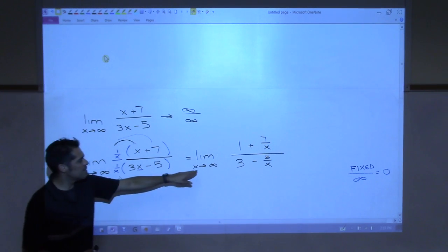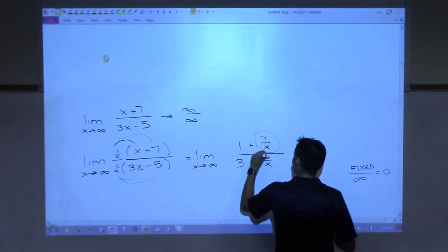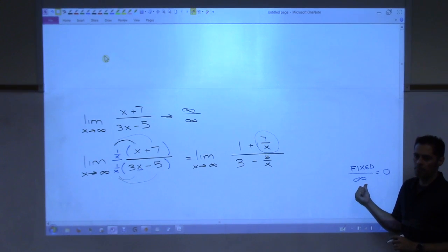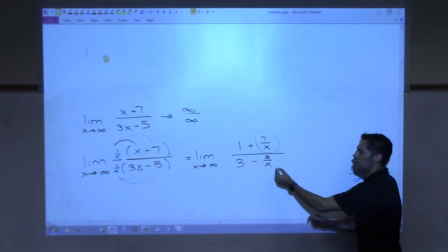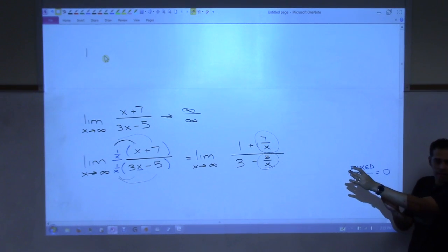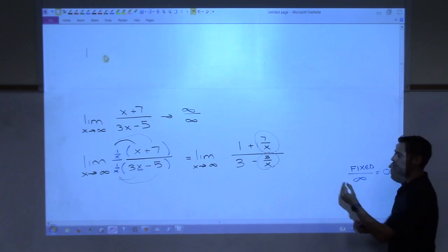If I now let x get really big, this right here is going to go to 0. And this right here is going to go to 0. When I take the limit, when I let x grow now, those are going to vanish. And what's left? 1/3.